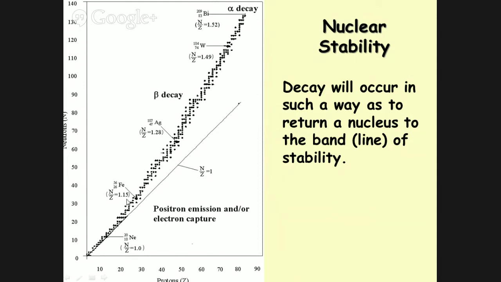But as we get further and further down on the periodic table, as the elements get heavier and heavier, and this ratio between the neutrons and the protons gets away from 1, we start to have certain types of decay. And so in this range, we have the beta decay, and then we get alpha decay later on. That decay is pretty much just to make it in a more stable form.